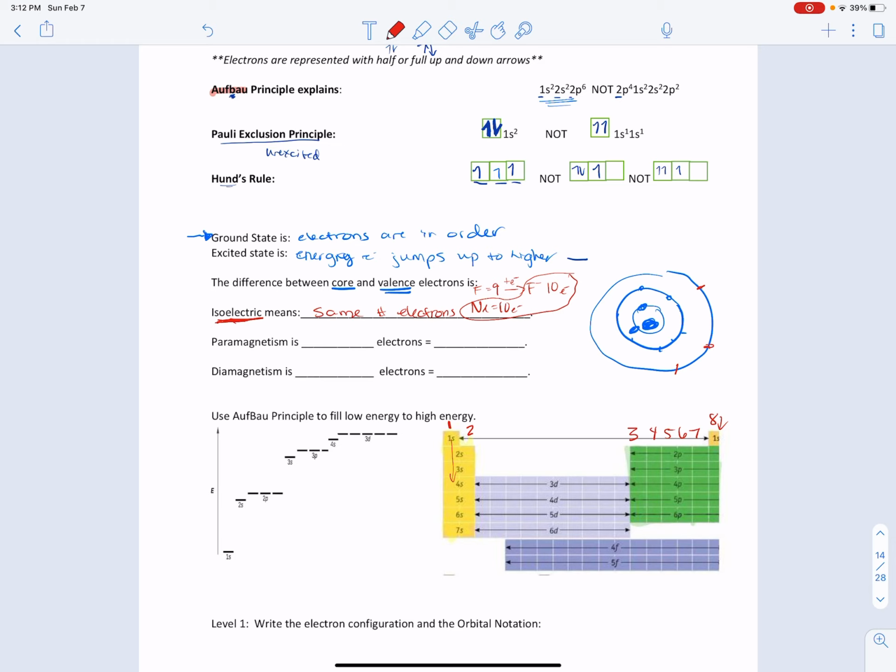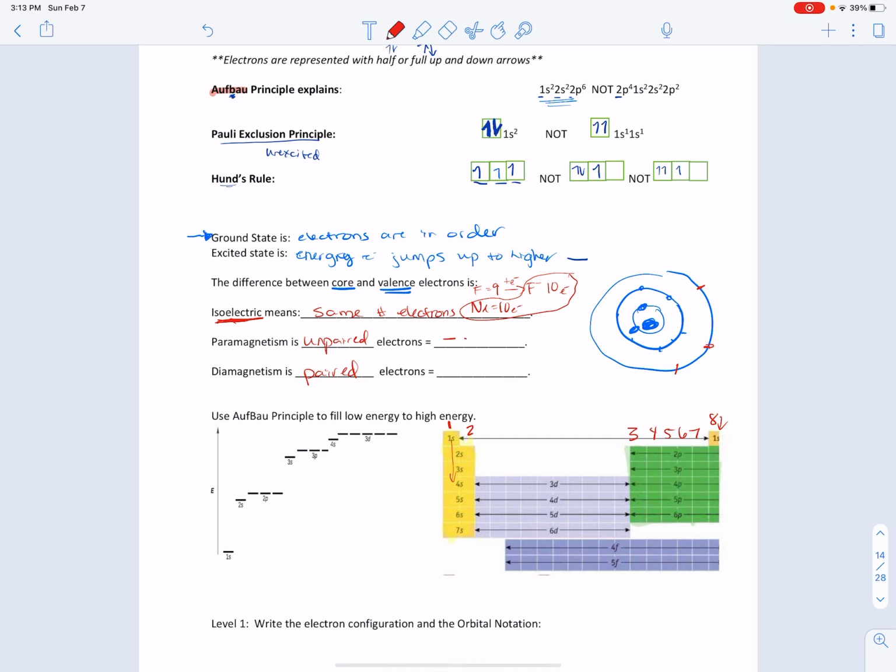We also have paramagnetism and diamagnetism. So paramagnetic versus diamagnetic elements. A paramagnetic element is when you have some unpaired electrons, and diamagnetic is when all are paired. This was supposed to be the picture representing it.